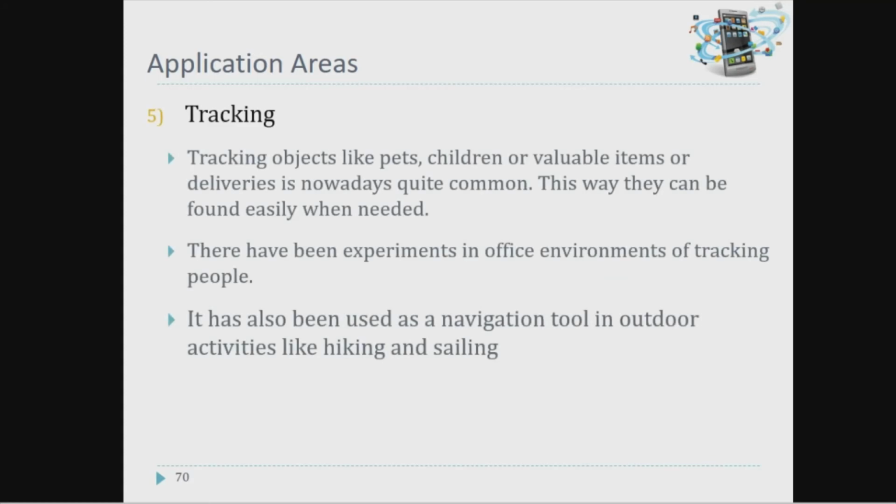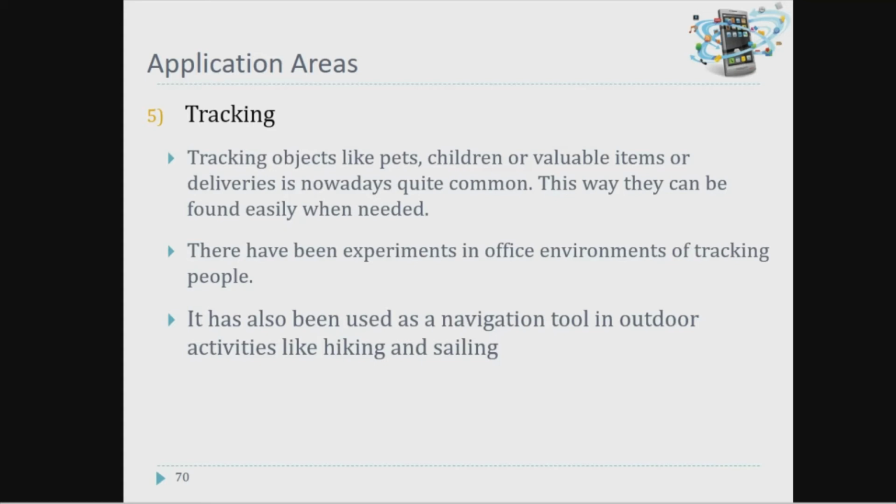Okay, next, for tracking objects like pets, children, or items. Your car, you can track your car, you can track your bag. This way they can be found easily when needed because we can trace using the location.